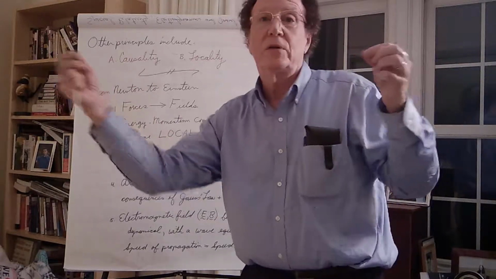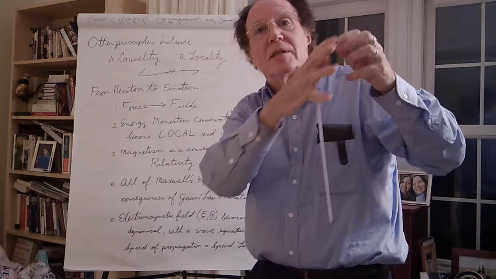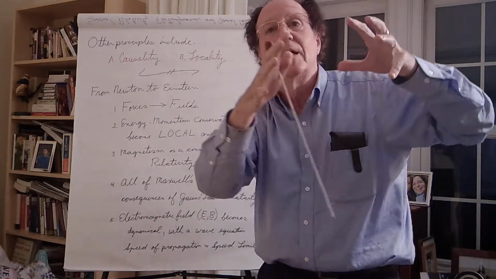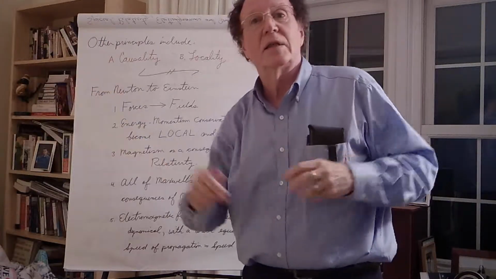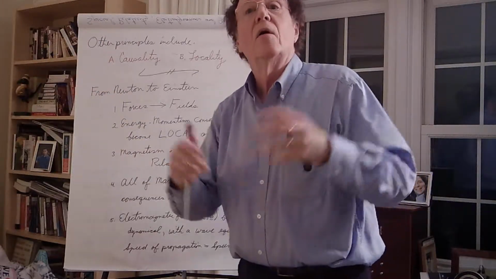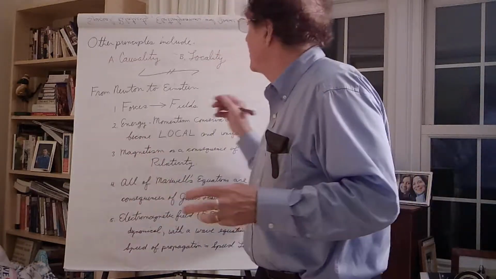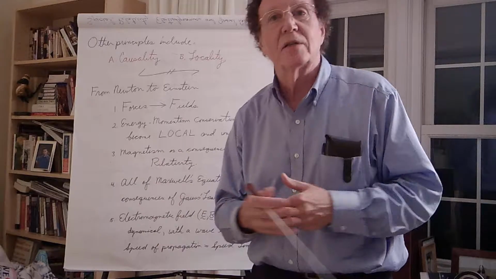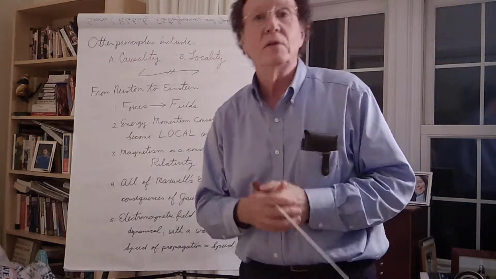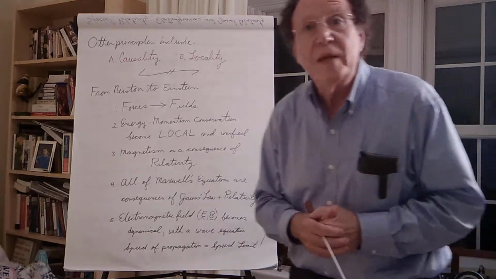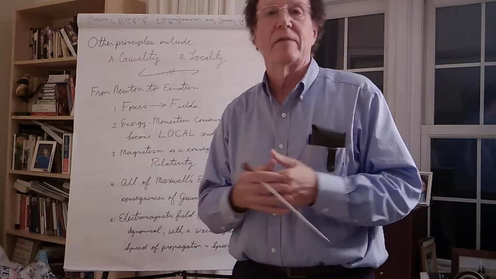If we have two particles and one jiggles about here and it influences the electromagnetic field in its region, which then grows in influence and then influences the position of the other one, we're forced to talk about fields. We have to talk about fields with Einstein because information doesn't flow instantaneously. In Newton's world, there's no speed limit. Information can flow instantaneously, and that's the basis of his dynamics.